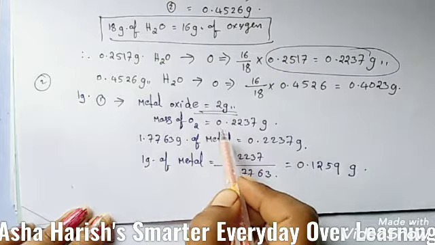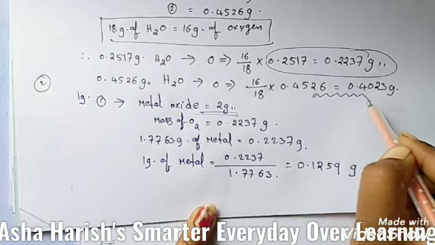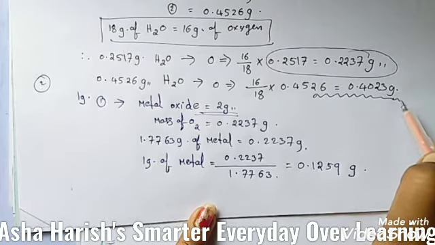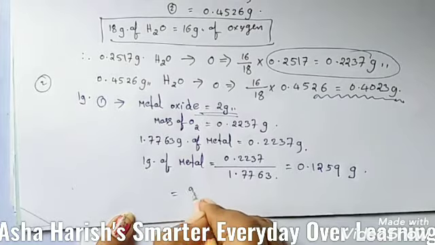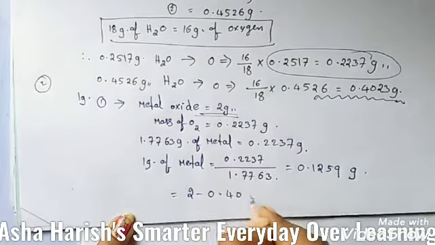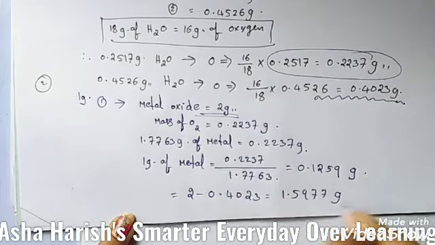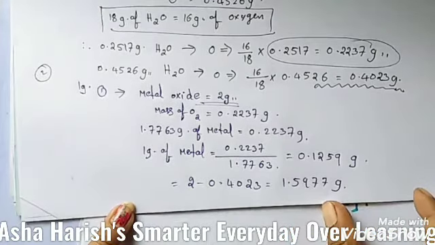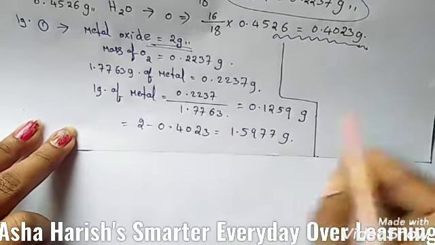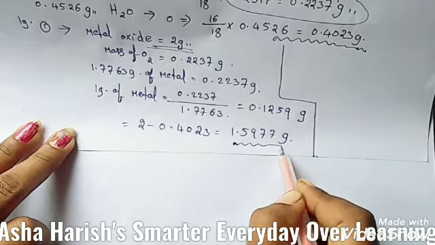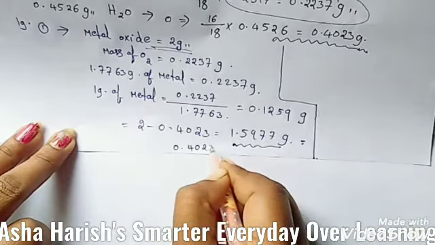That you know, mass of oxygen is 0.4023. Okay. Now mass of metal is equal to 2 minus 0.4023, 1.5977 grams. This is only the mass of metal. Now the mass of oxygen which combines with 1.5977 grams of metal, that is only 0.4023.